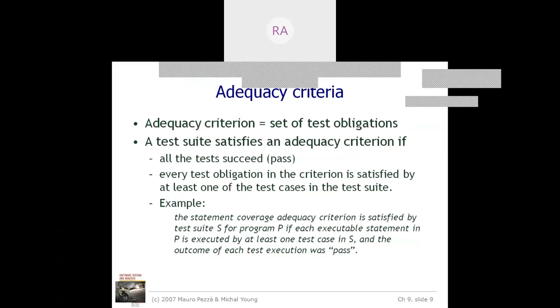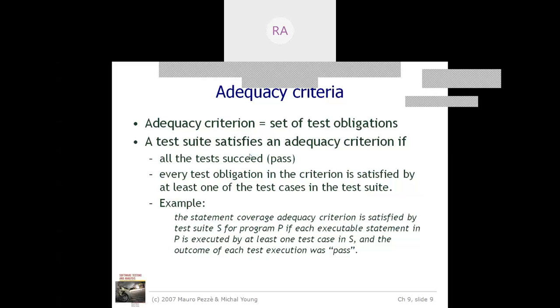Adequacy criteria will consist of a set of test obligations. I can say that a particular test suite satisfies an adequacy criteria. There are certain conditions to prove that a test suite is adhering to the adequacy criteria. One condition is all the tests must succeed.